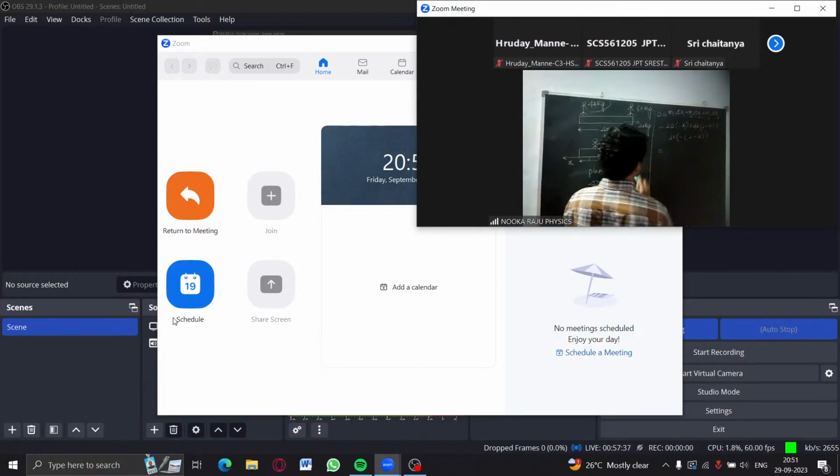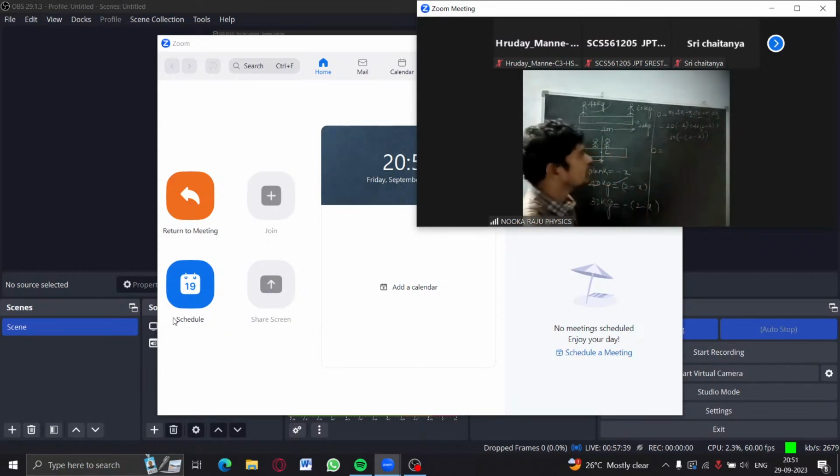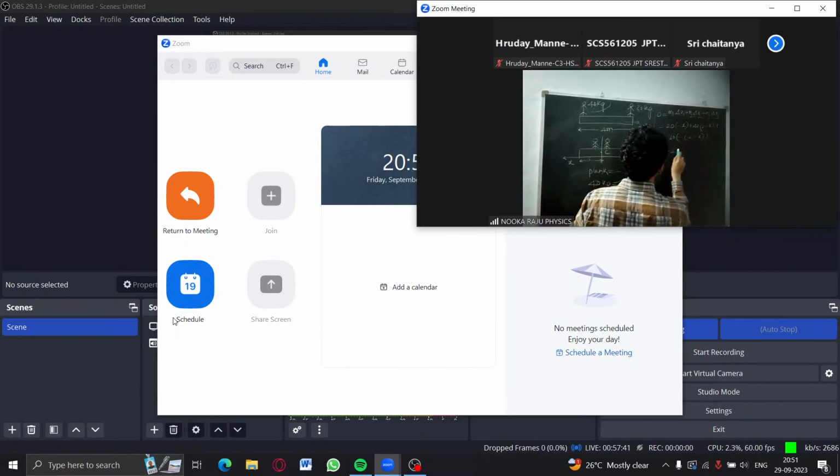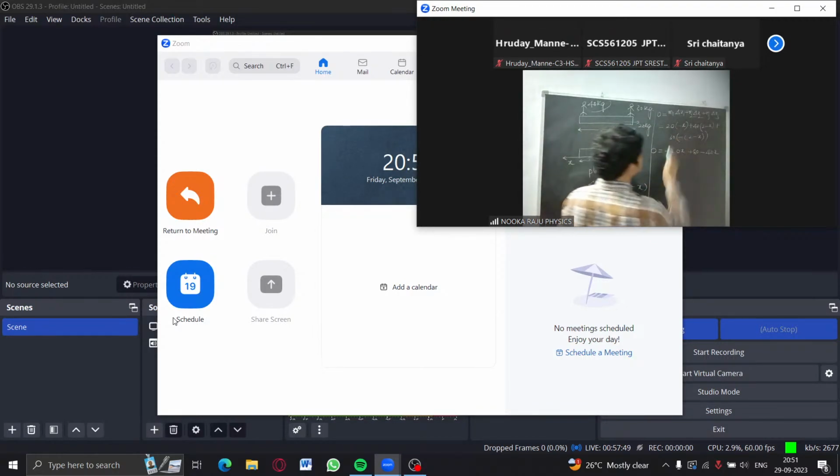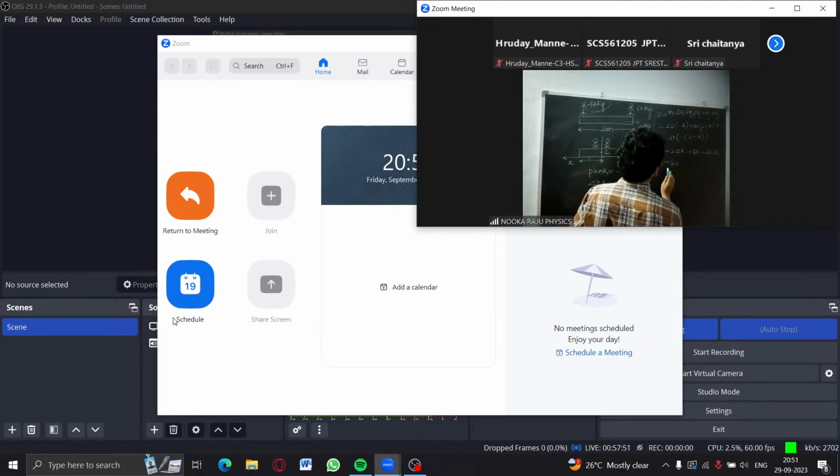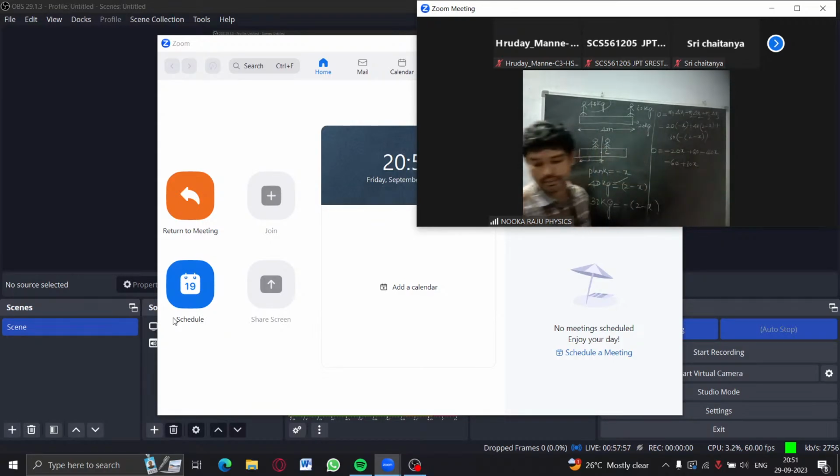After simplifying, what do you get? 0 equals minus 20x plus 80 minus 40x, minus 60 plus 30x. So what is the final answer?